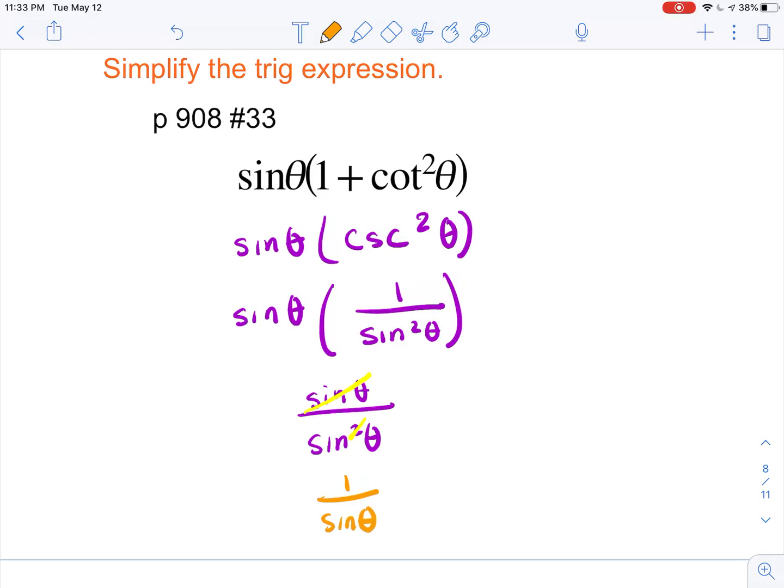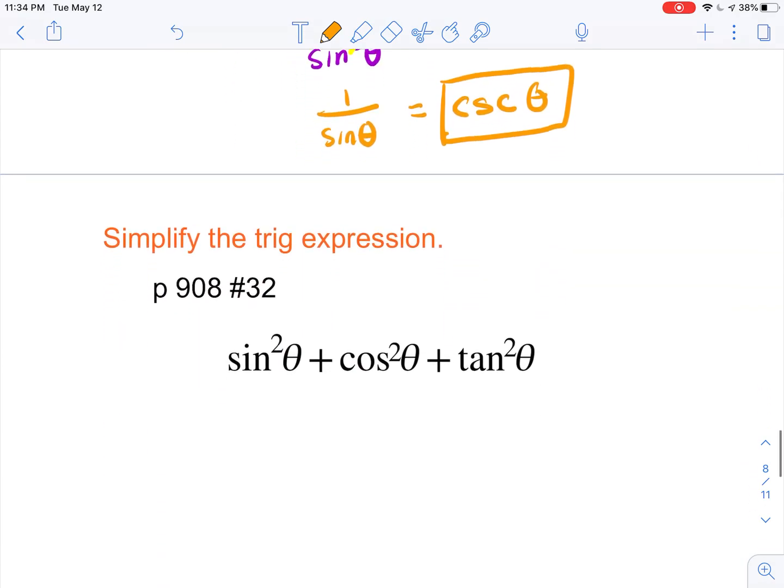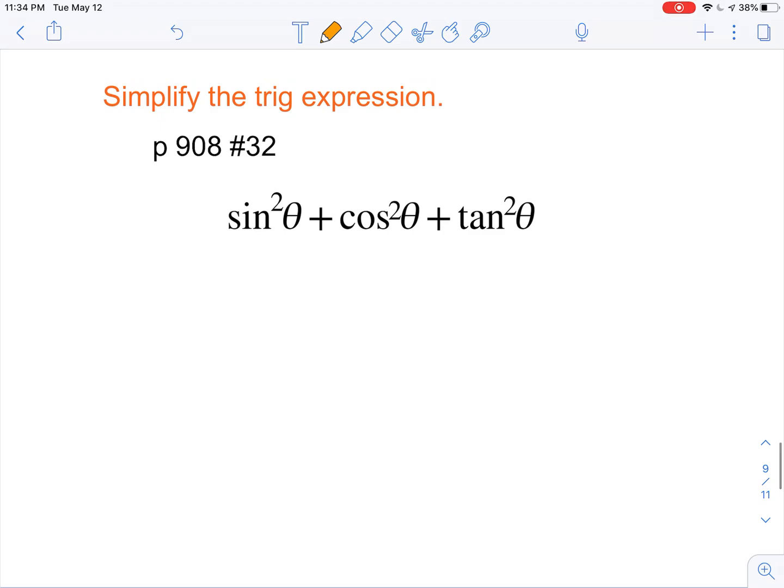I can cancel, which would leave me with 1 over sine theta. Now again, 1 over sine theta is not its most simplified form. We know this is equal to cosecant. So my final simplification is cosecant of theta. This expression simplifies all the way down to this single trig expression.